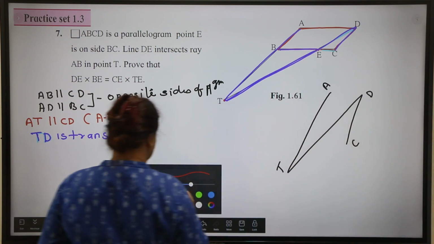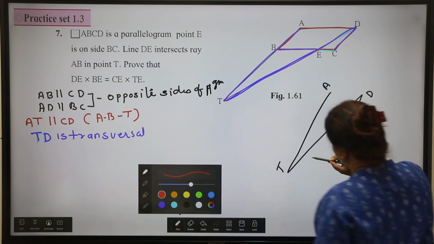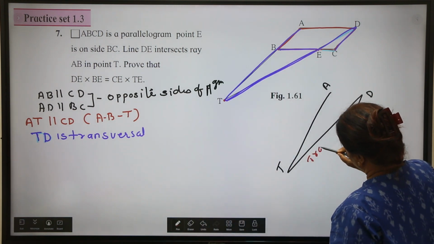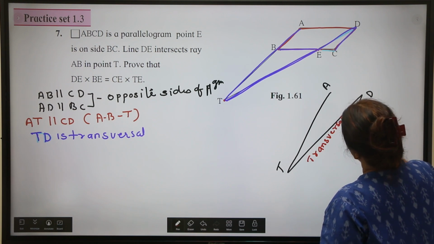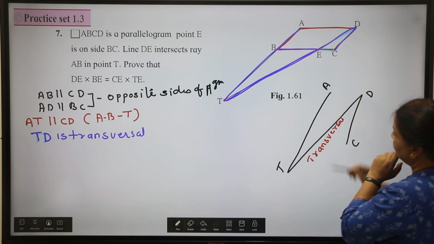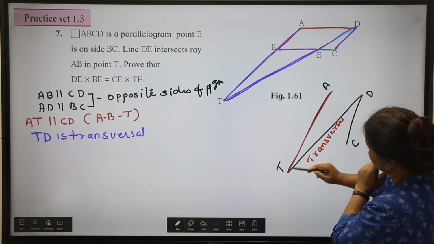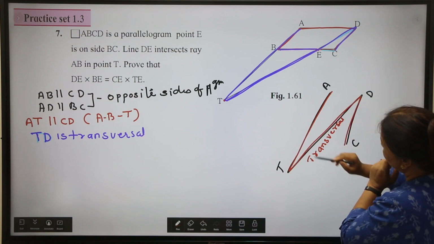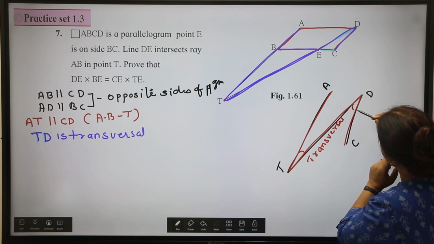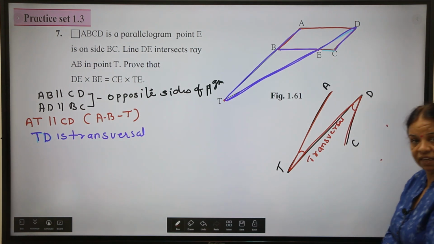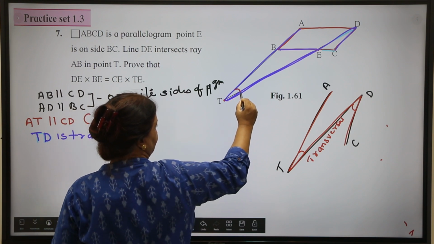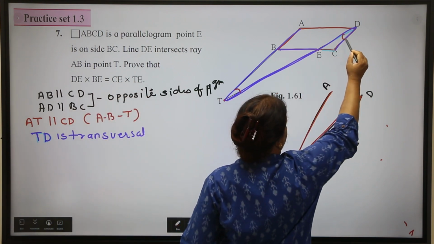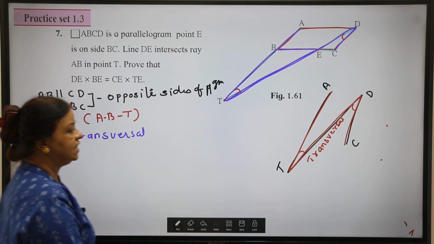This is your transversal. TD is your transversal. So if this is the transversal, you are getting a Z here, no? So this angle will be equal to this angle or not? Clear? So we can say this angle is equal to this angle. Okay, alternate angle.